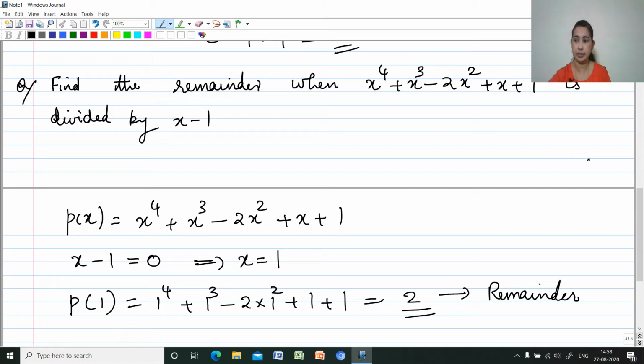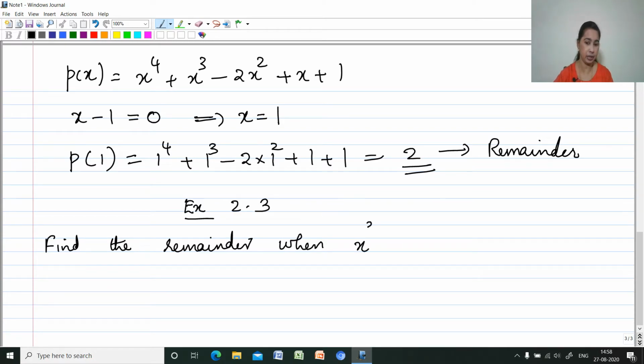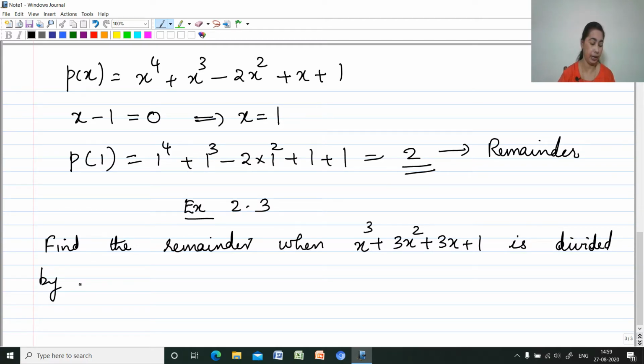Then the next one, that is an exercise question, Exercise 2.3. The question is: find the remainder when x cube plus 3x square plus 3x plus 1 is divided by x plus 1.